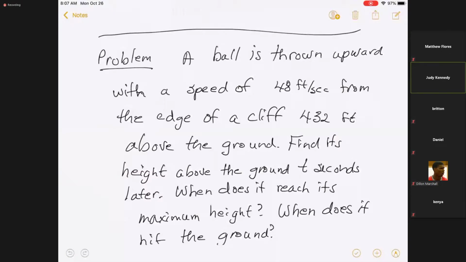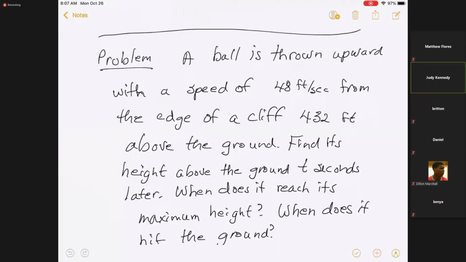And we're assuming the ball, okay, is thrown up, so it goes up for a while, and then it comes back down, right? Because of gravity. Yeah, we're on the Earth. We want to find its height above the ground t seconds later.